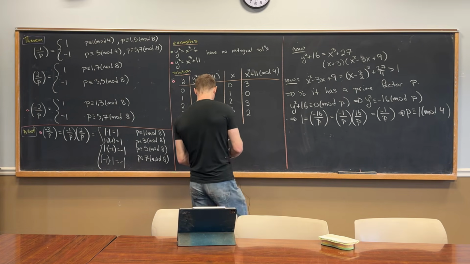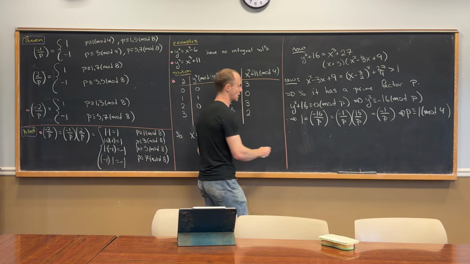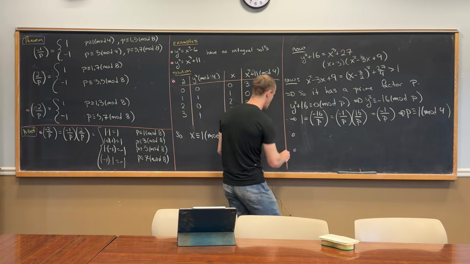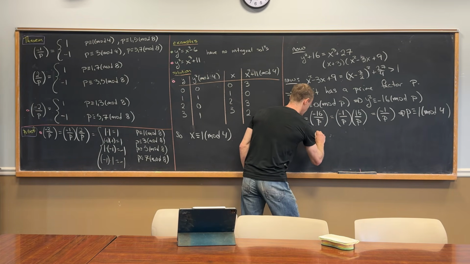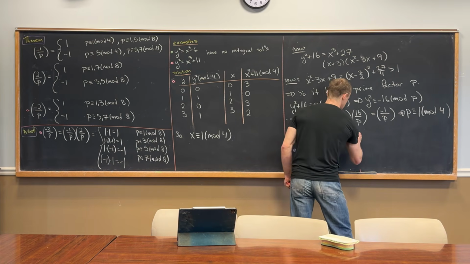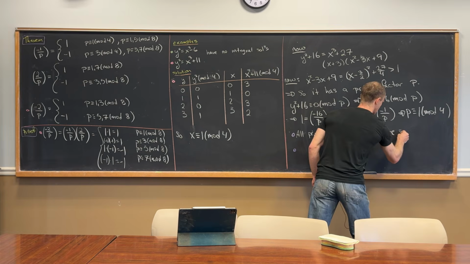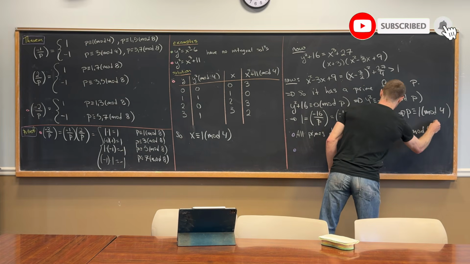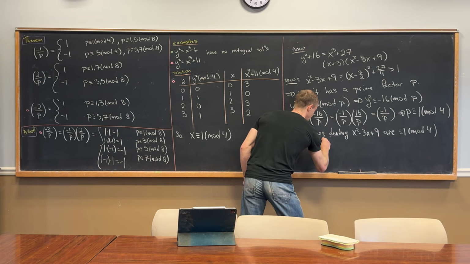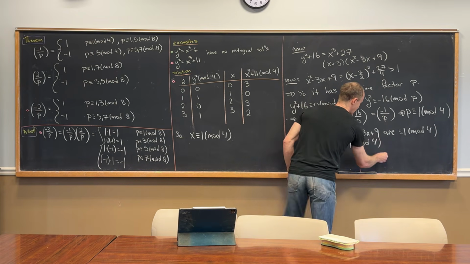Okay, so now we're going to get two things that are not reasonable to occur together. So let's look at this. All primes dividing x squared minus 3x plus 9 are congruent to 1 mod 4, which tells us that x squared minus 3x plus 9 is also congruent to 1 mod 4, just by its prime factorization.